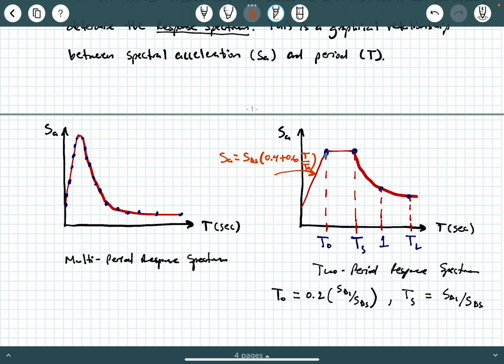So basically the equation of this line is this equation right here. And this is all in ASCE 7, so hopefully you're following along with me here. 0.4 plus 0.6 T over T naught, okay?